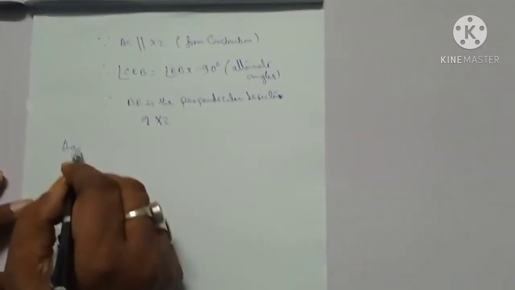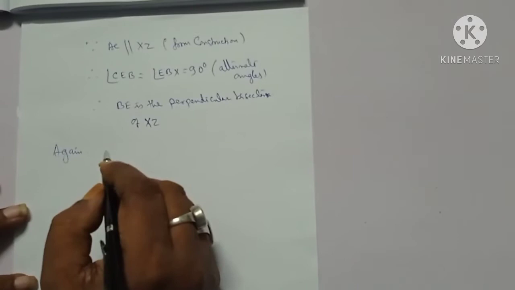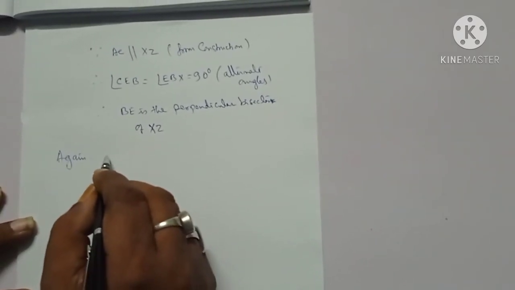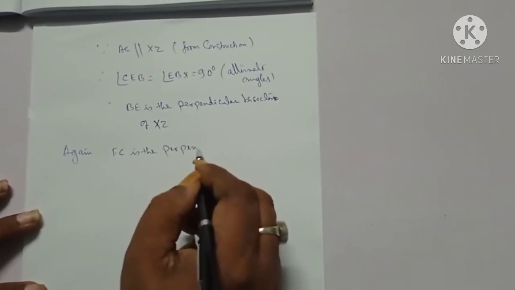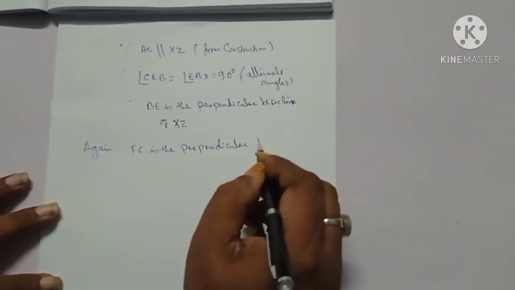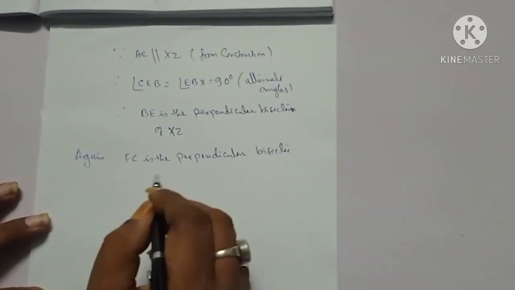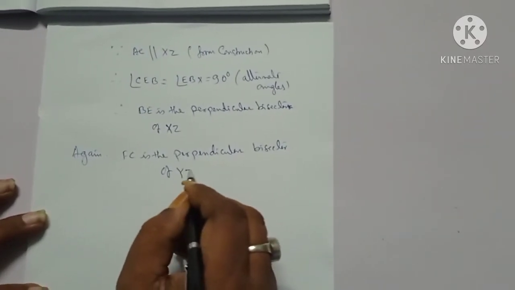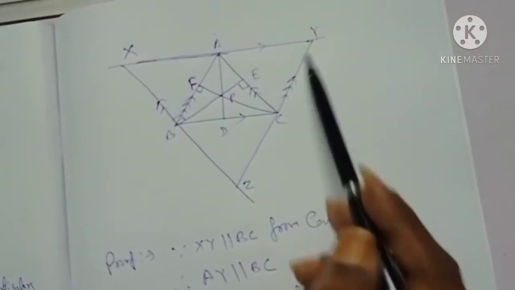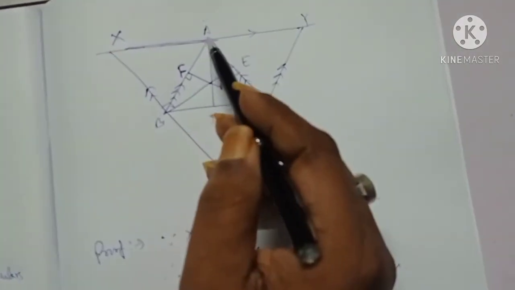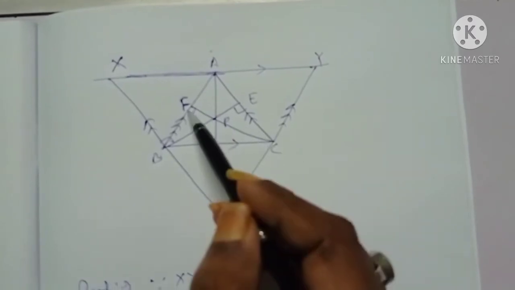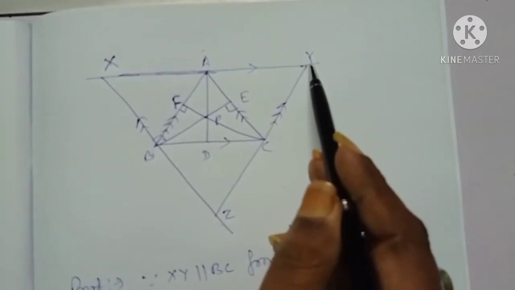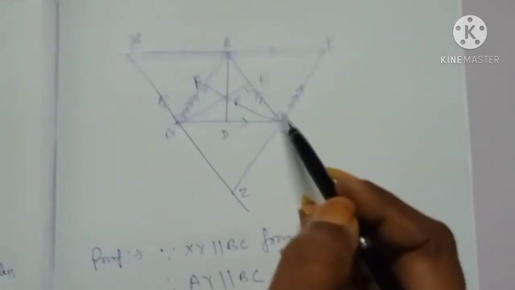Again we can also say that FC is the perpendicular bisector of YZ, because AB is parallel to XZ, therefore angle BFC is equal to angle FCY, alternate angles, so both are 90 degrees.